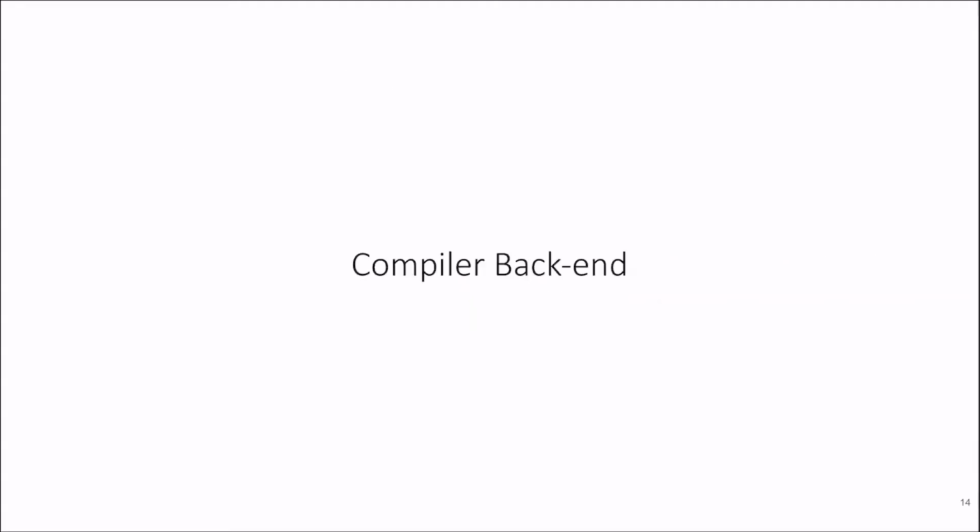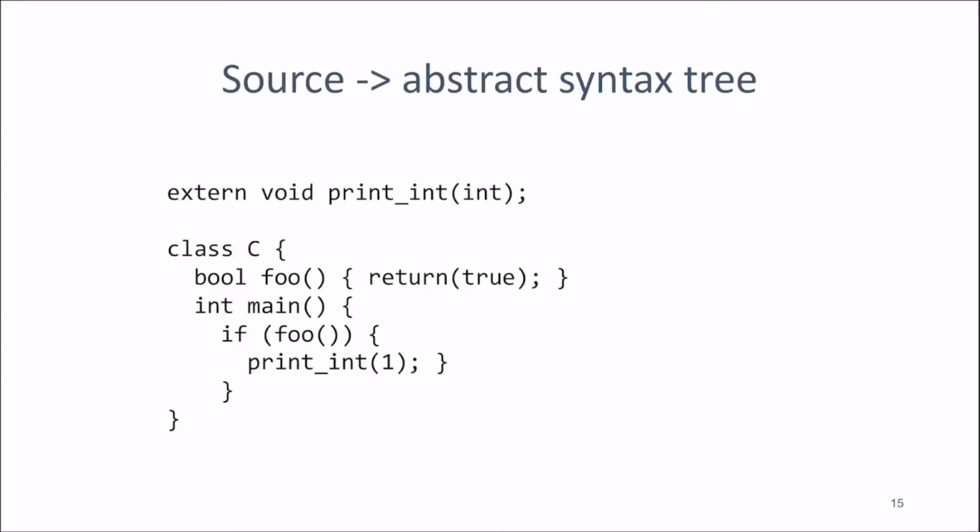Let's look at the compiler backend next. So let's start from an example source code that I'll use as an example throughout the code generation part. It's a fairly simple program. What I want you to understand is its execution will start here in the main function.